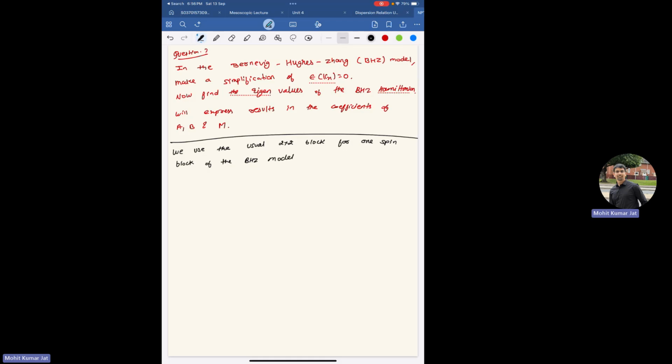The full BHZ is 4 by 4, but block diagonal with the time reversal partner, right? So the Hamiltonian H(k) will be A times (kx sigma x plus ky sigma y) plus (M minus B k squared) times sigma z, where k squared is kx squared plus ky squared.